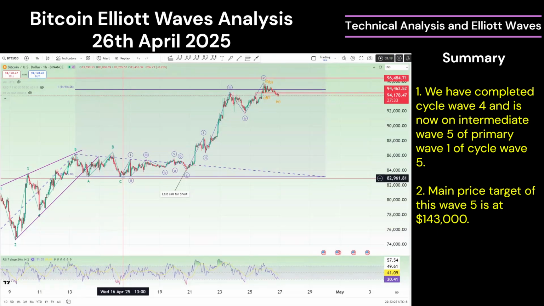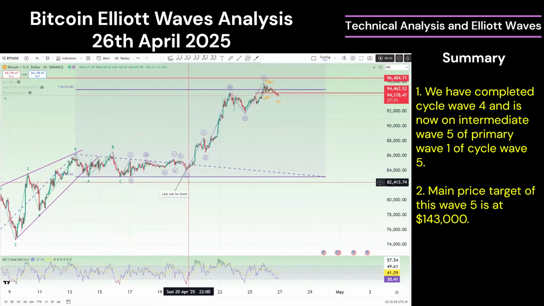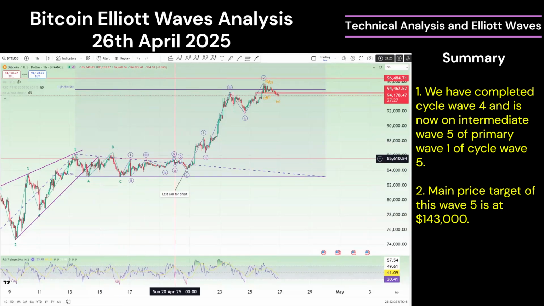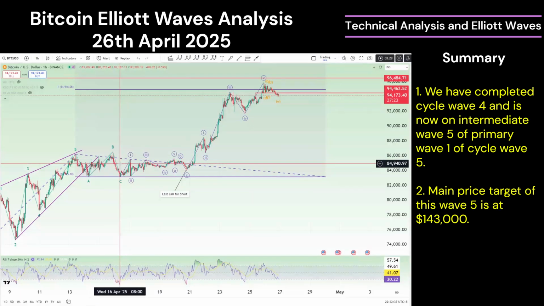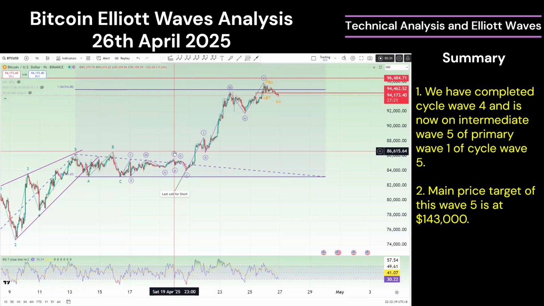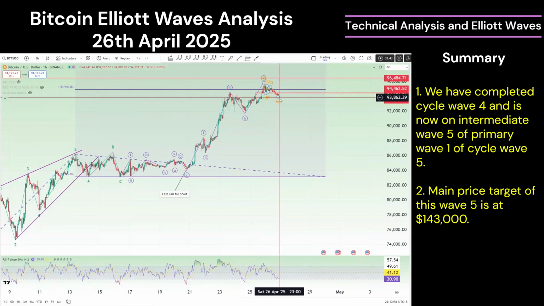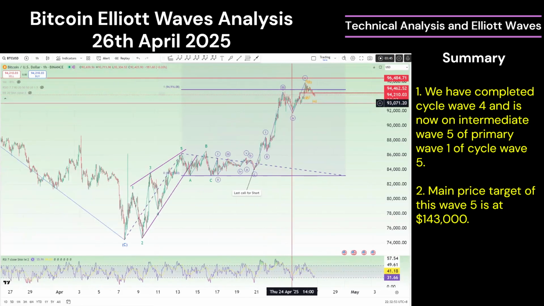And then we have a wave one that is 1 degree lower, from here, which is 16th of April until the 19th of April. This 3 day move becomes a wave one of 1 degree lower, then an ABC wave two, and then 1 2 3 4 5 wave three, and currently we are actually in a wave four.